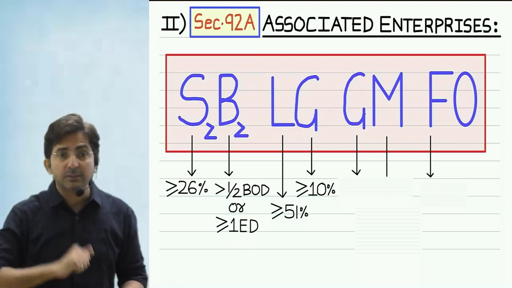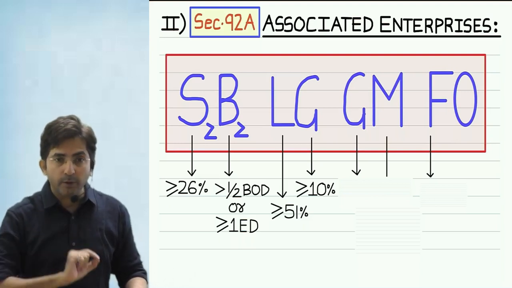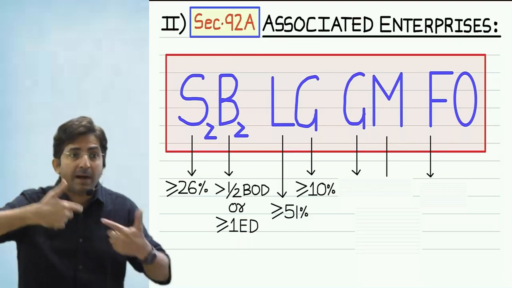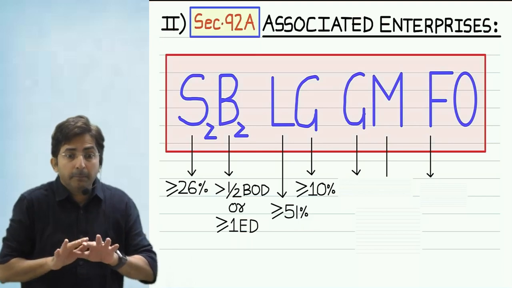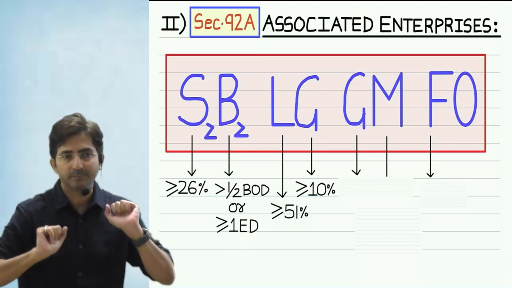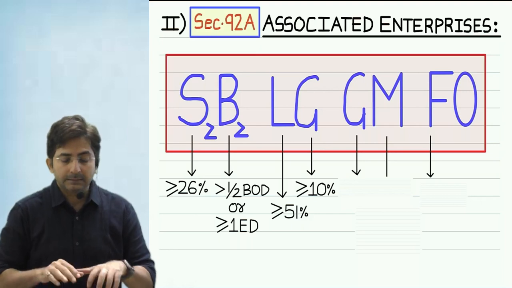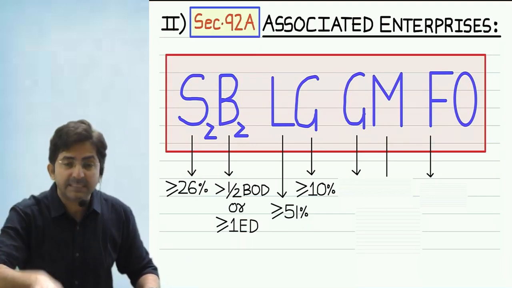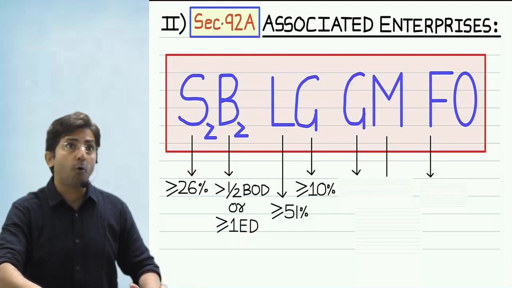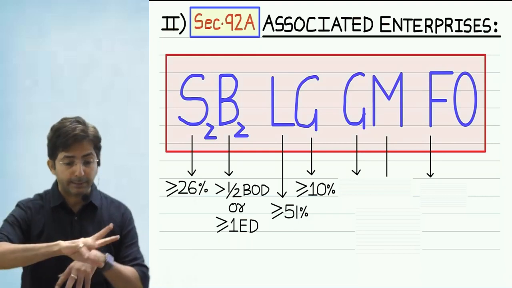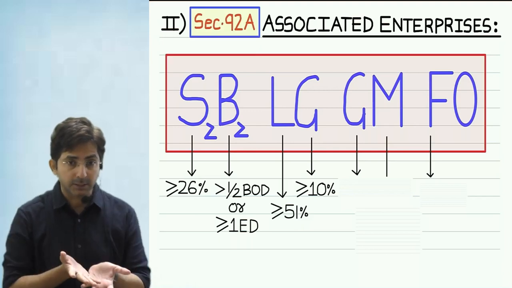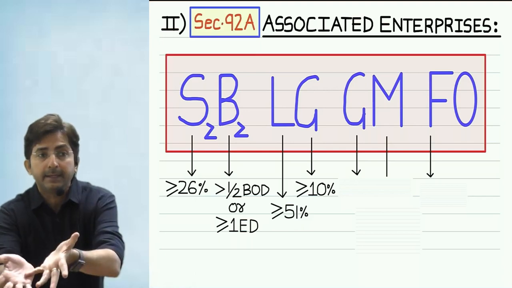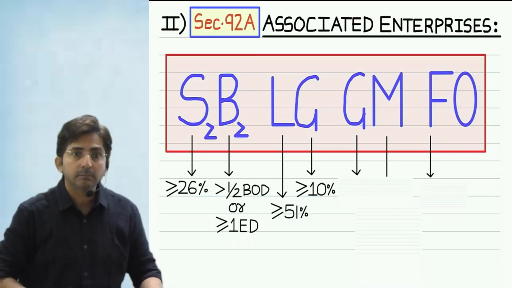So even this is an association. And you know why this point is important? In this case, it might happen that between Nike and Y Limited, there is no 26% shareholding also, and there is nothing like a board of directors connection also. But still, if it is established that Y Limited is manufacturing Nike shoes as per the instructions of Nike, and then sells to Nike at the price determined by Nike, that means there is some connection.